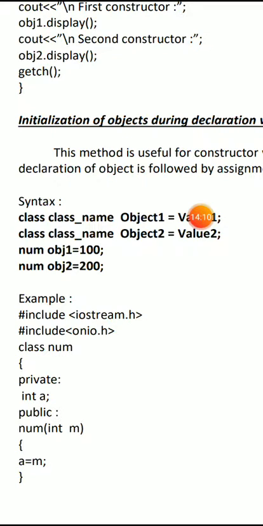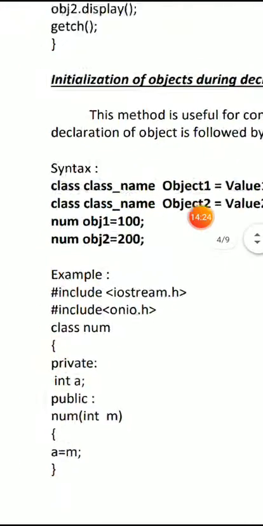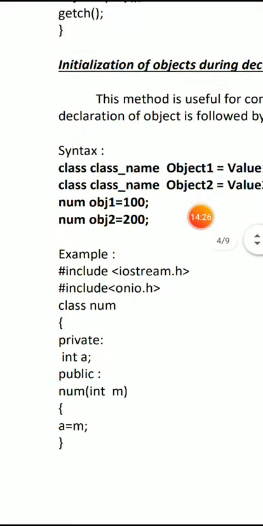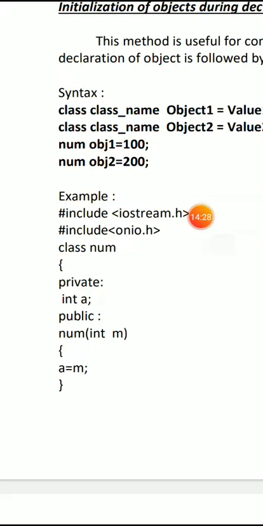So here, suppose you want to assign the value of object1 or object2, or you want to display the value individually, you can make use of this constructor. In the below example, I have given two header files, class num, private a, public num with int m.